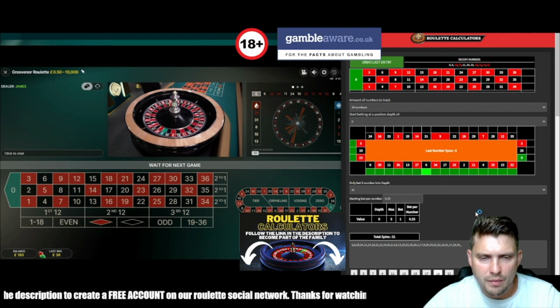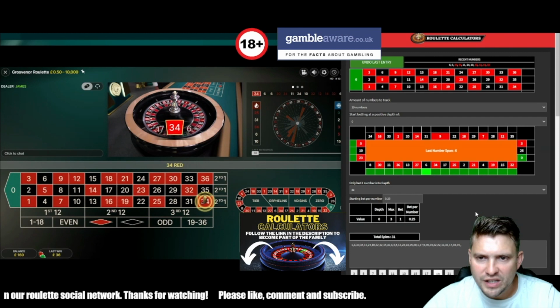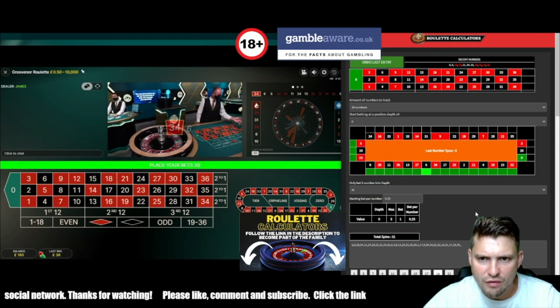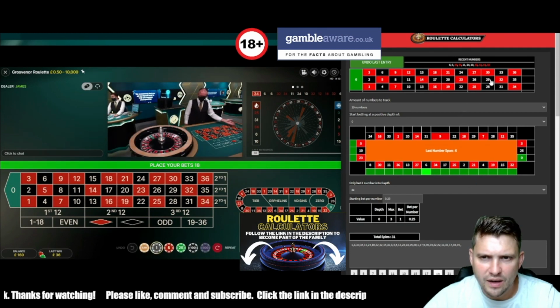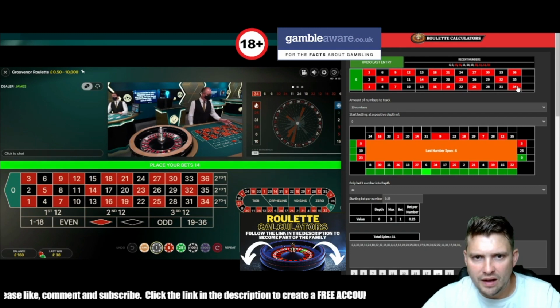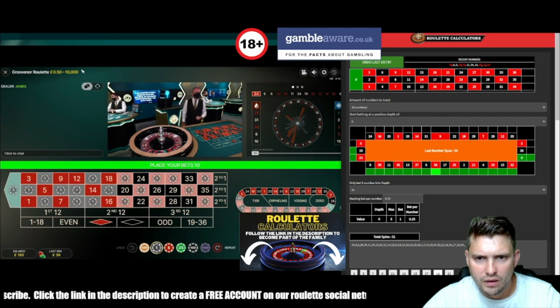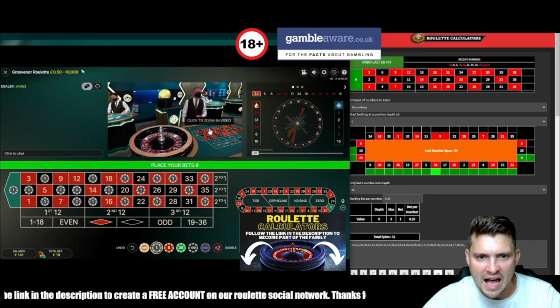I think he might be thinking, you know, it's hit that highlighted way too many times, but it's hit it again, number 34, which is obviously next to number 6, so that's smack bang right in that highlighted section again. So it's this dealer's really hitting that highlighted section hard now. So I think Sam fancies a bit of that action again. He's like, you know what, I'm gonna get highlighted.